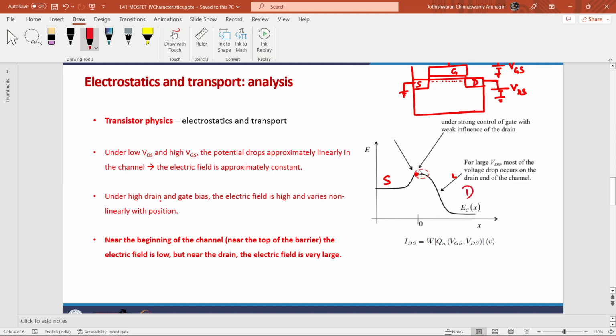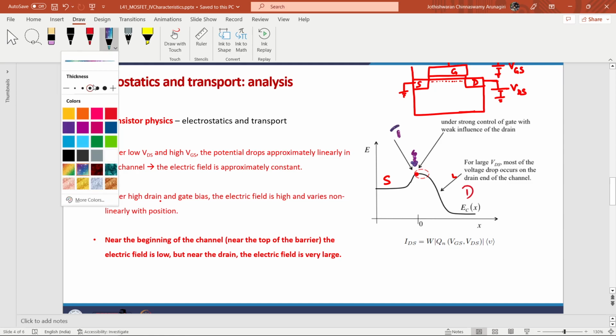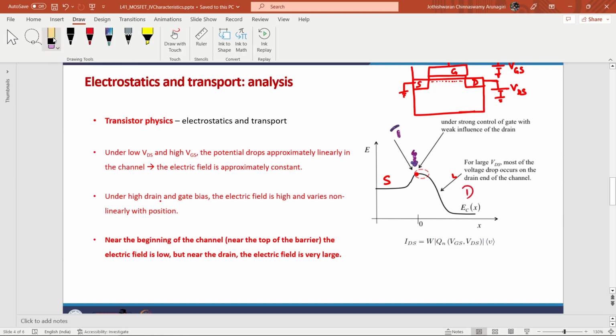The height of this barrier is determined by, ideally speaking, I want the height of this barrier to be influenced by VGS, only VGS.